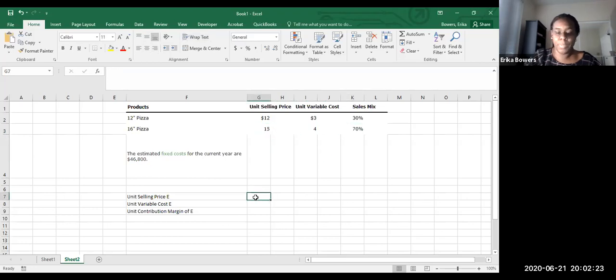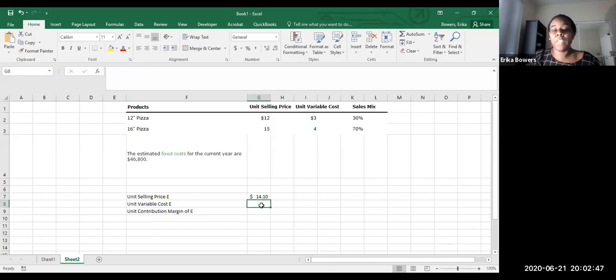So we're going to take $12 times 30% plus $15 times 70%, because that's the sales mix. So our unit selling price is going to be $14.10.